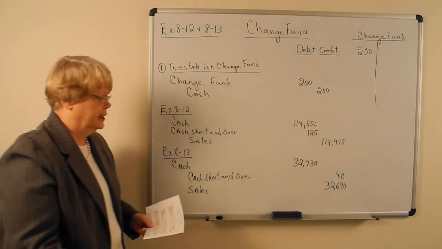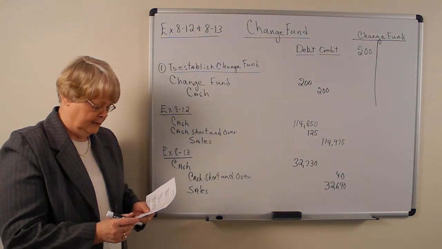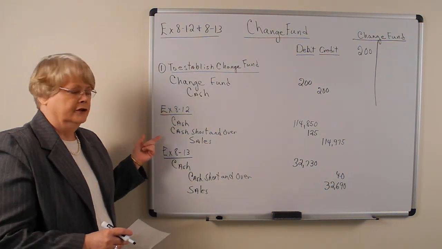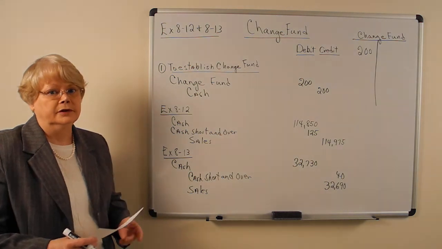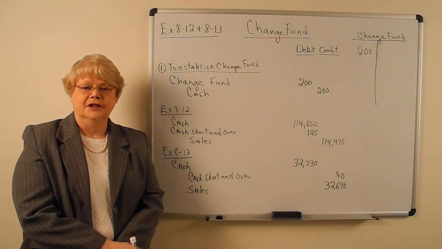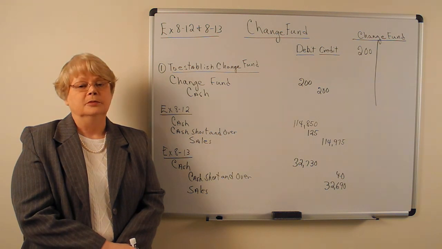Okay, so now the journal entry should balance, and these are the two journal entries that you would have if you are short and if you're over in your cash register with the cash. If you have any questions on this or anything else in this chapter, please let me know.